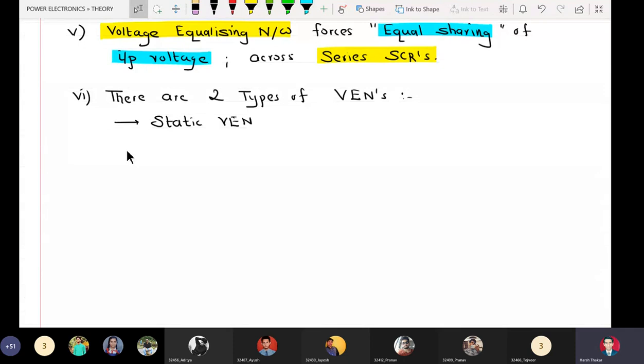So we'll draw the diagram directly. We can say point number 7.